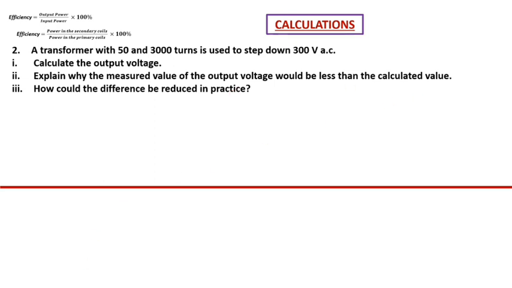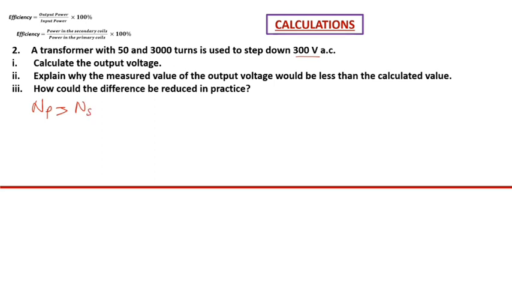Okay, here we are told that a transformer with 50 and 3000 turns is used to step down a 300 volt AC. So since it is a step down transformer, then the number of turns in the primary circuit should be greater than the number of turns in the secondary circuit.